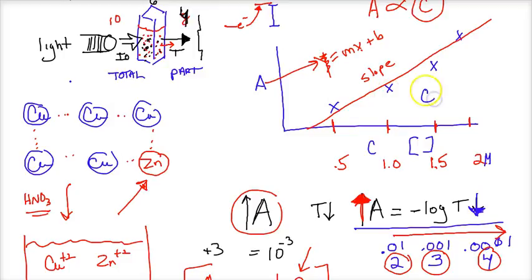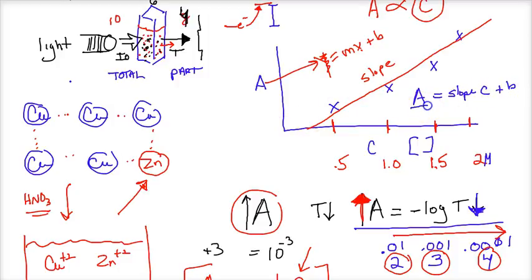So think with me for a second. The A, I'm sorry, my bad, the y-axis, absorbance, is equal to the slope, which they're going to give you, times the x, which is the concentration, plus b if they give you the value for b. If this line goes through the origin, it'll be 0, but plus b possibly.